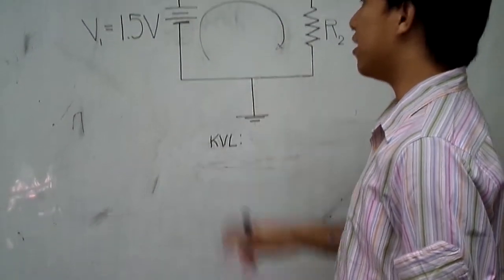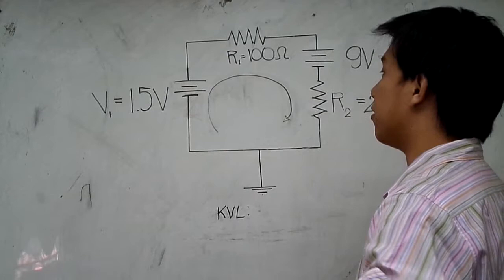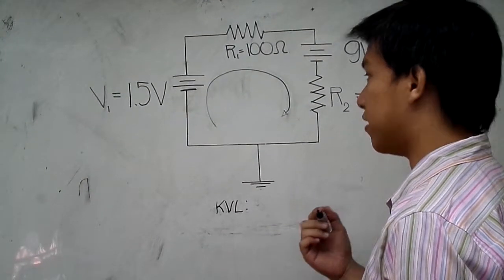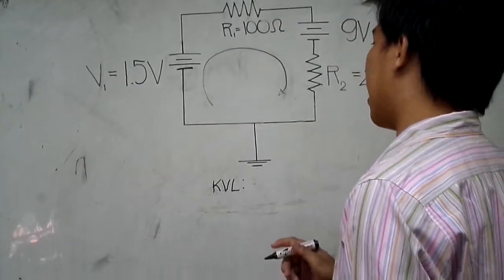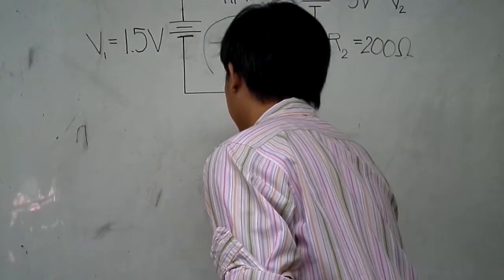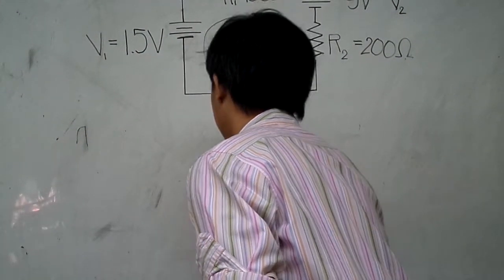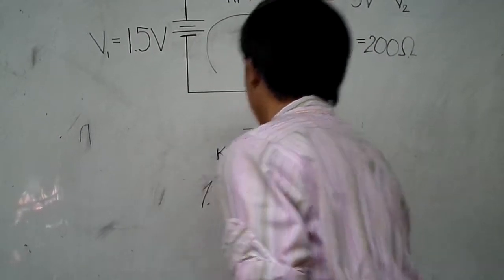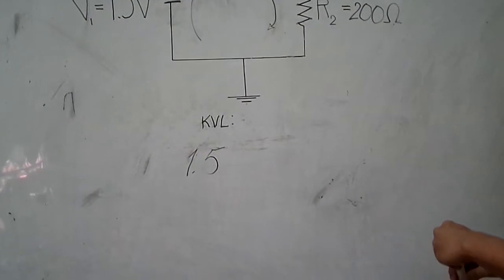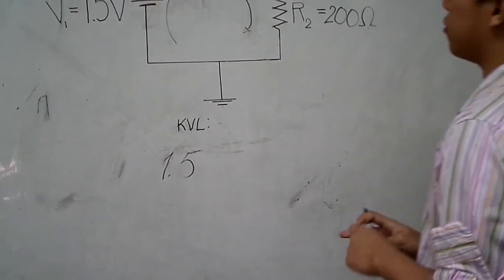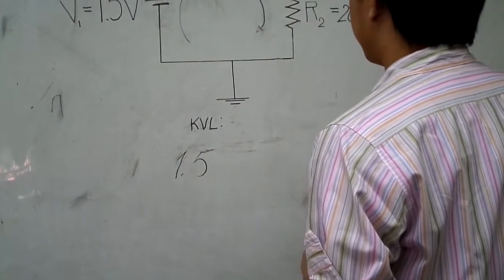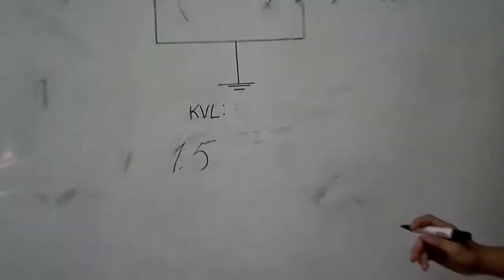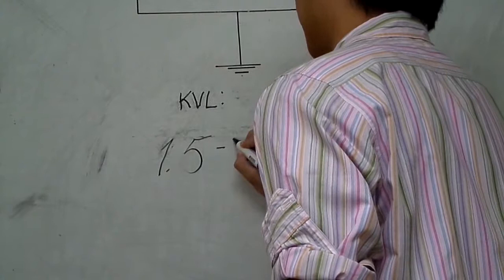Notice that the 1.5 volts enters the negative polarity and exits to the positive polarity. We can write it as a positive 1.5. Now for R1, it enters the positive polarity and exits to the negative polarity, so we can write it as negative 100 I.